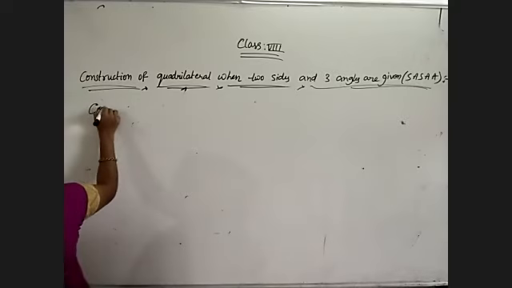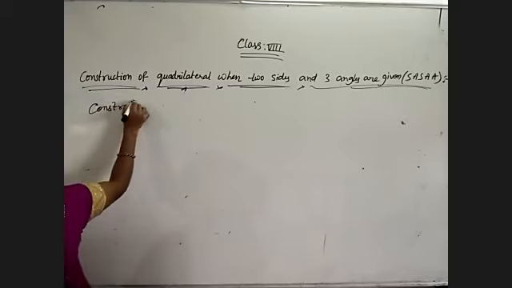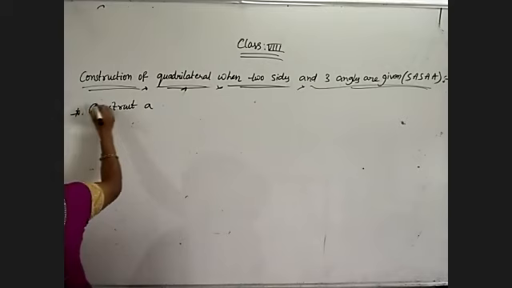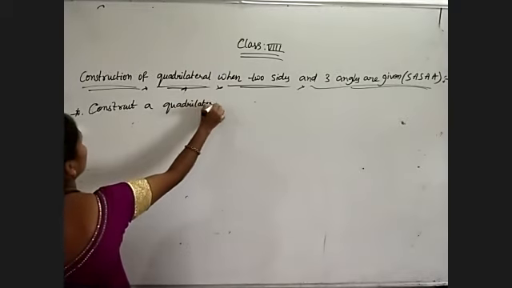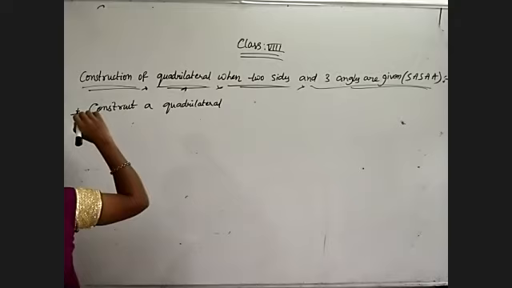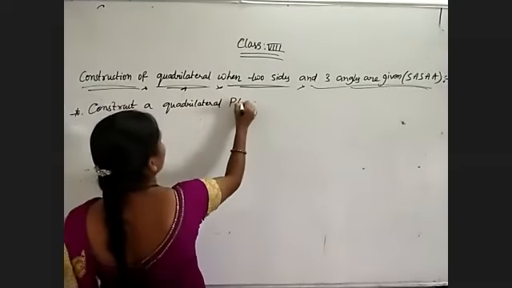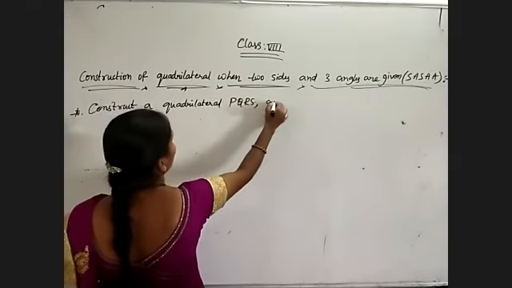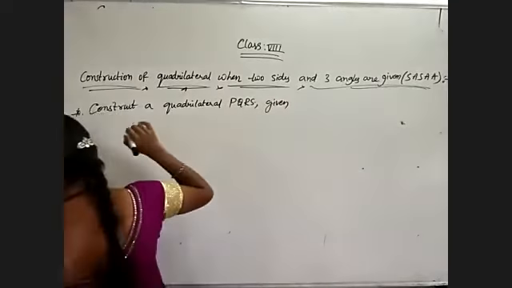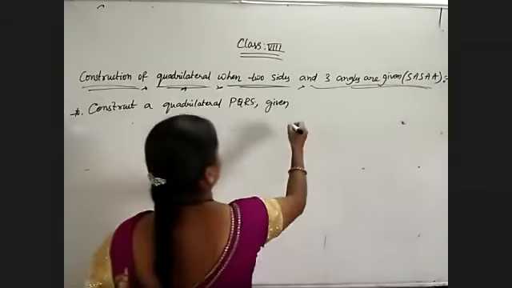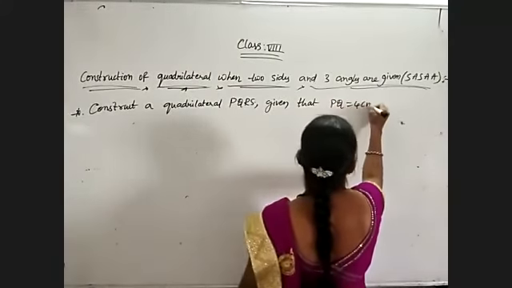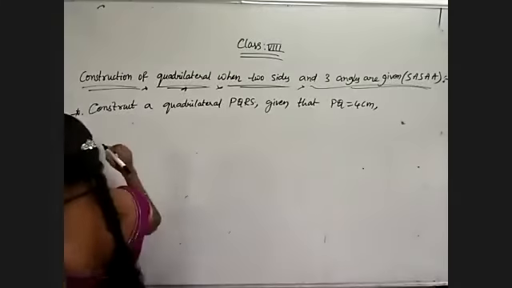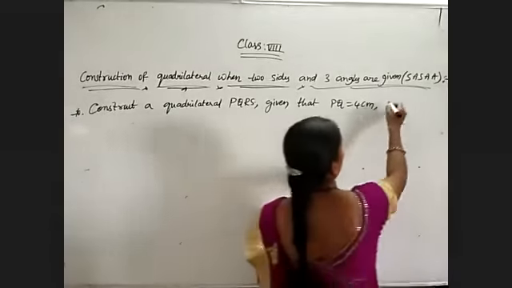Construct a quadrilateral PQRS, given that PQ is equal to 4 centimeters, QR is equal to 4.8 centimeters.